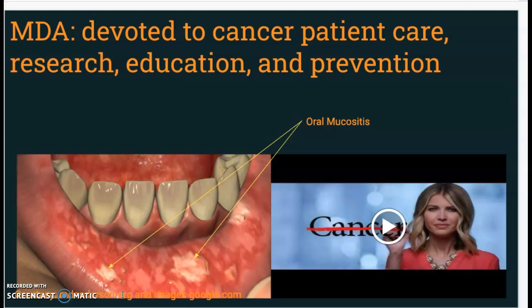One of them is oral mucositis. Basically, after radiation therapy or chemotherapy, the patient develops ulceration in the oral mucosa. They also develop ulceration in the stomach and GI tract. And I can tell you this is a horrible, horrible disease.